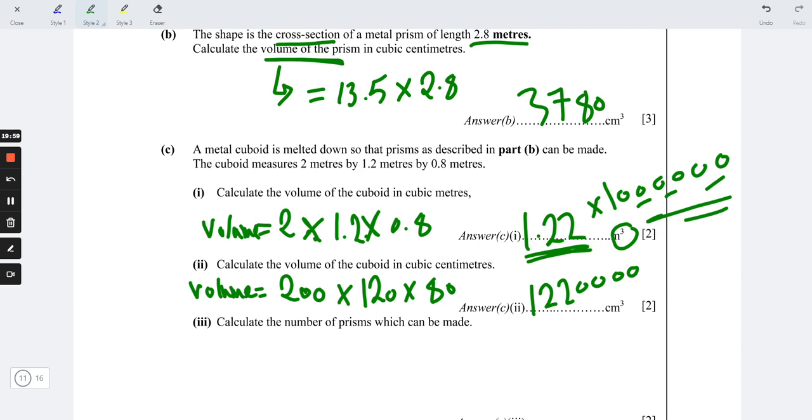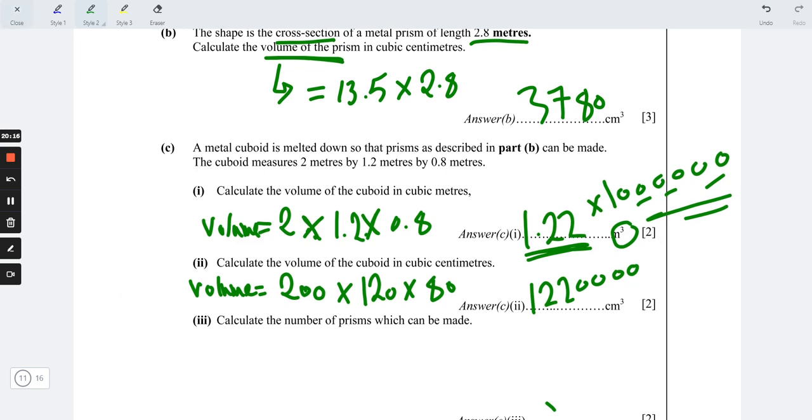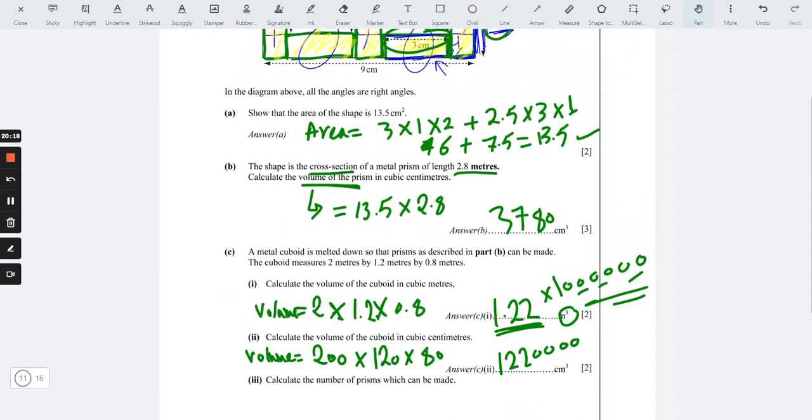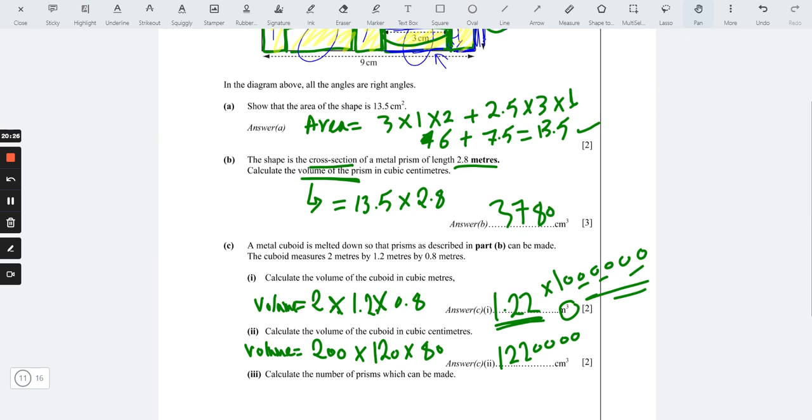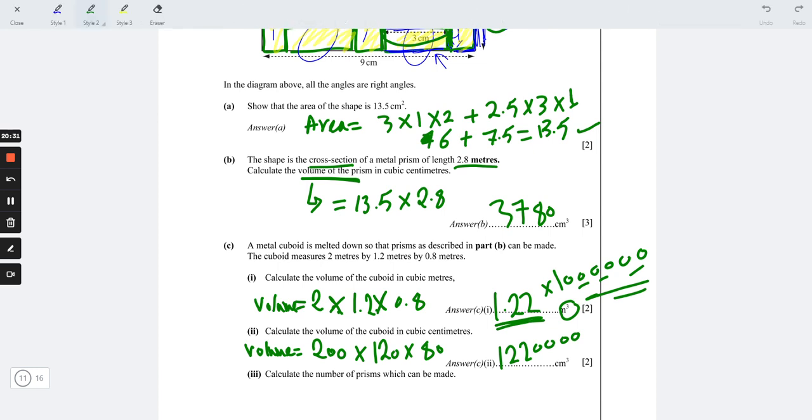Calculate the number of prisms which can be made. How many? We have to divide the volumes. In this case, we will use volume in centimeters cubed here, and centimeters cubed here.